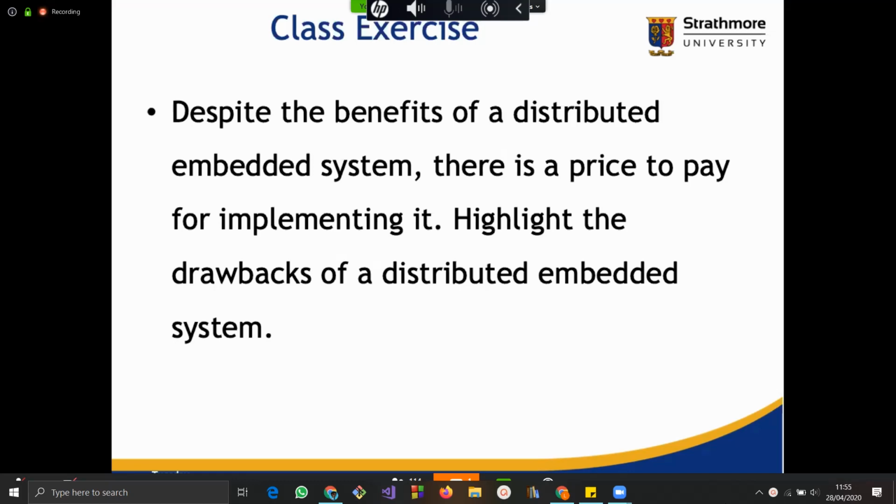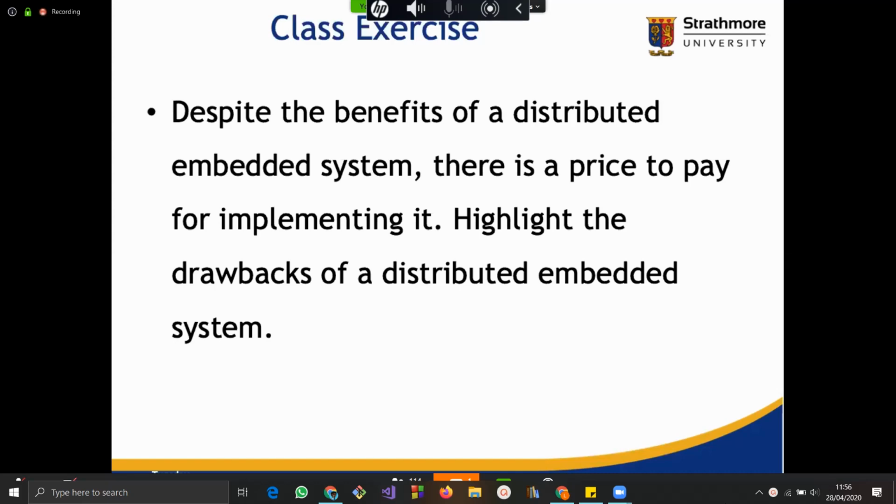I want you to research on the drawbacks, or the disadvantages, of a distributed embedded system.